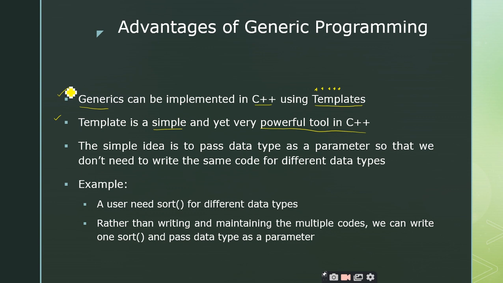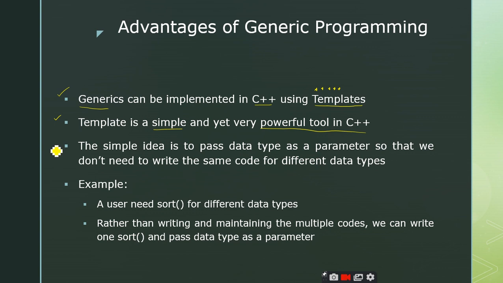If you pass floating point, that generic program will work for your floating point parameter. Like that, in the real world scenario you are expected to write a generic program and implement it for any different data types. So for generic programming, you need to know very well about this templates concept, right?